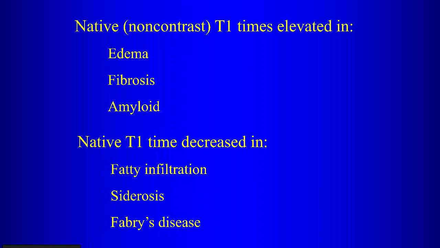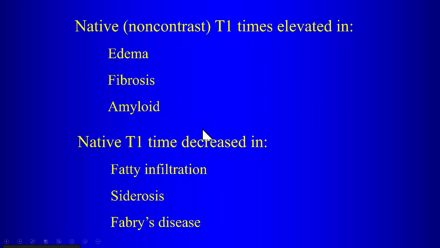Water has a short T1 or a long T1? Long T1, yes. So water has a long T1. So you think of pathology, usually pathology has a long T1 and a long T2, right? That's why pathology tends to be bright on T2 weighted images, okay? So if you remember that, you can remember that T1 times will be elevated in edema, fibrosis, and amyloid.